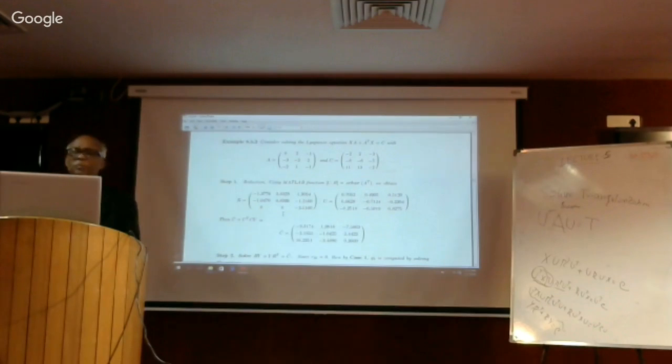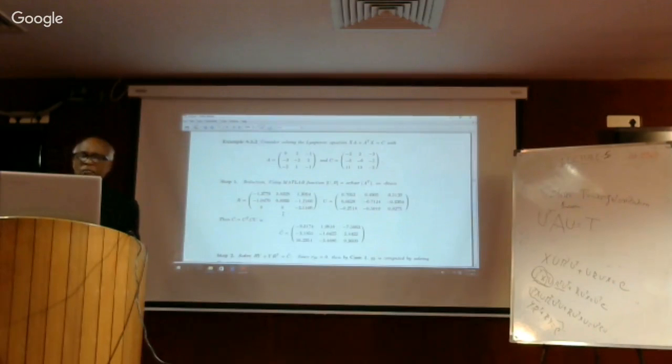So using the MATLAB function schur applied to the matrix A transpose, we get the matrices U and R. U is unitary, and U is orthogonal. R is the real Schur form, right? So again, there is a 2x2 block here, and there is one single block which is a scalar.